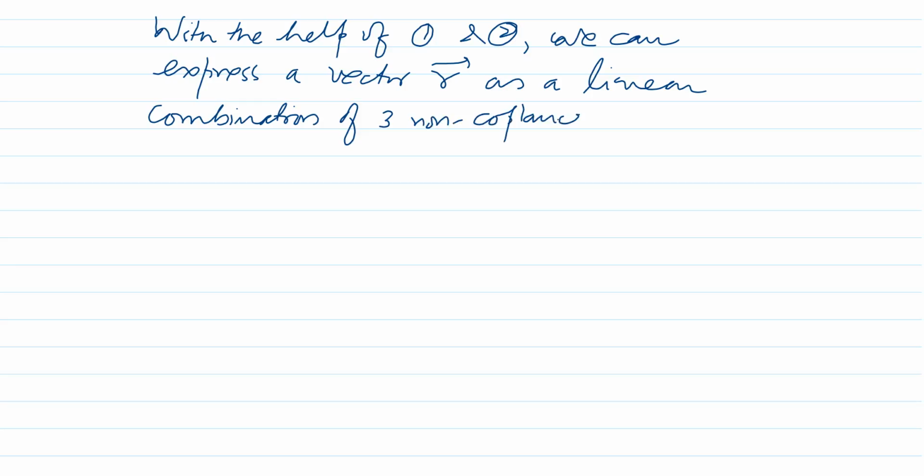Non-coplanar means they are not in the same plane. It means the scalar triple product of these vectors is non-zero because they cannot form a parallelepiped. So three non-coplanar vectors A, B and C.